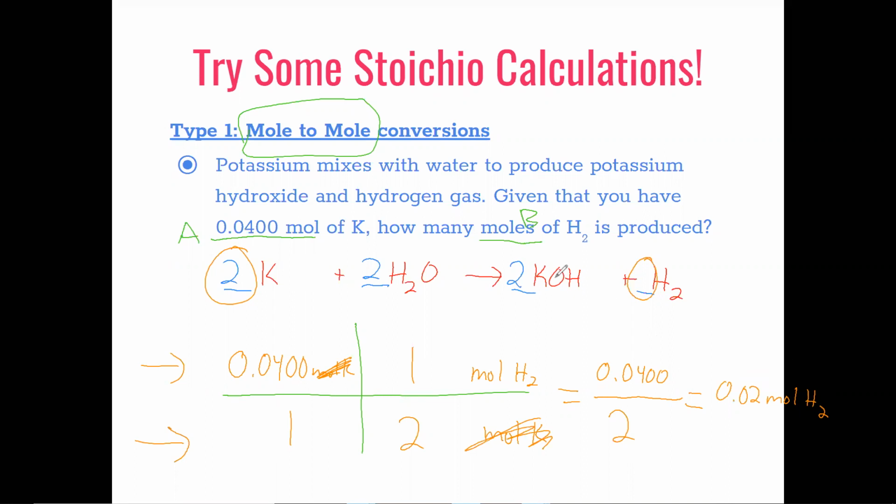Now, this has 1, 2, 3 sig figs. So these 3 digits right here are significant. So this is going to need to have that many sig figs. So we're going to say 0.0200 moles of H2 as our final answer.